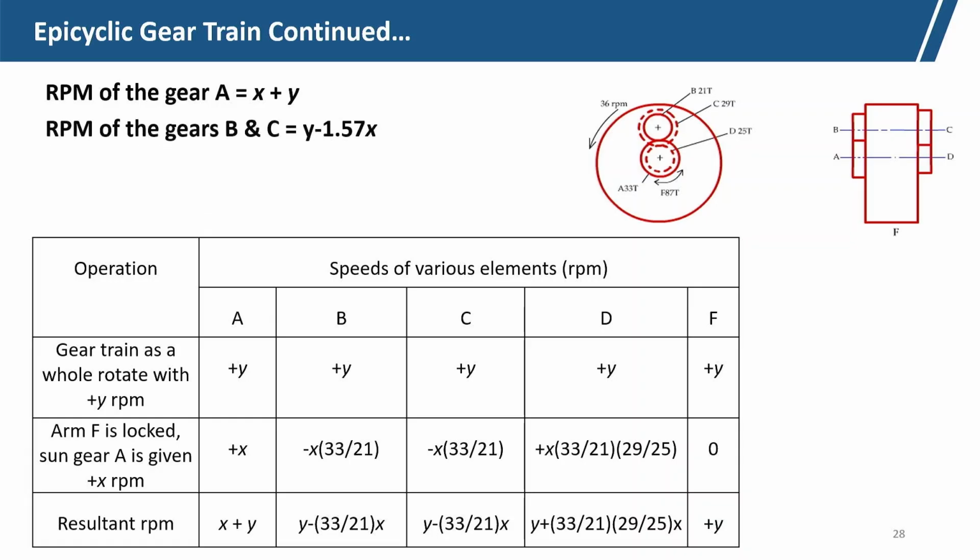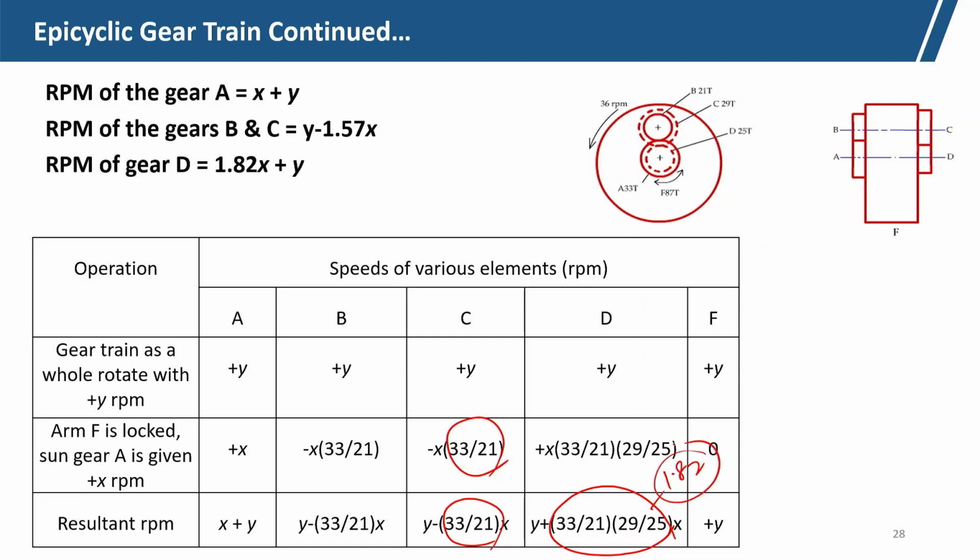The RPM of gears B and C, the planets, is y minus 1.57 x. D will have 1.82 x plus y, and the RPM of gear F, the arm, is y.